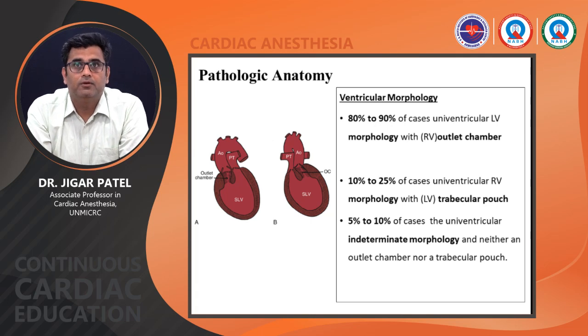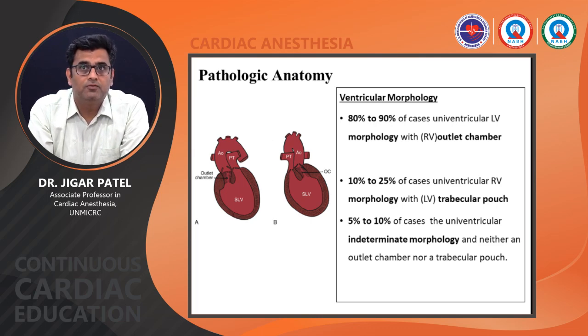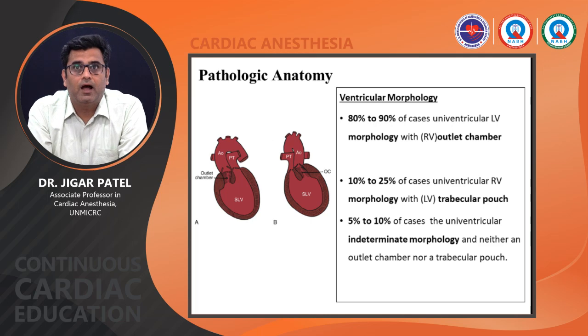Now we will see the pathological anatomy of the single ventricular heart. It depends on three things. First is the ventricular morphology, then atrioventricular connection, and the third is the ventriculo-arterial connection. Based on ventricular morphology, 80 to 90% of cases of univentricular heart have an LV morphology with RV as an outlet chamber, as you see in this image.